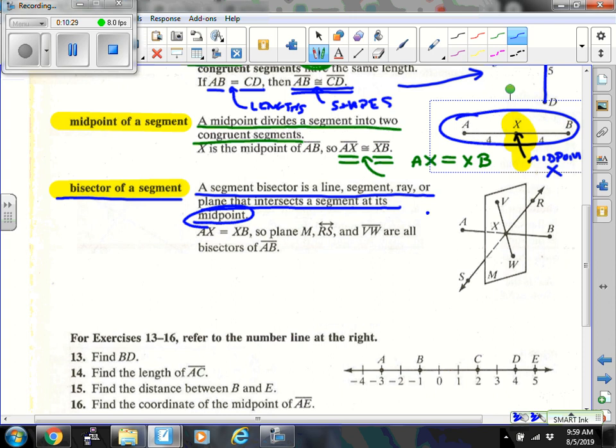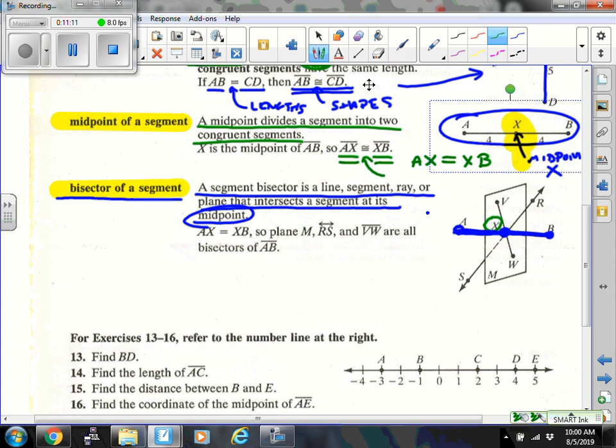Okay, so not only can we cut a line in half, we can cut planes in half as well. So in this illustration here, A, B, it seems pretty logical that we can say X is the bisector, but we can cut AB in half by using other tools.